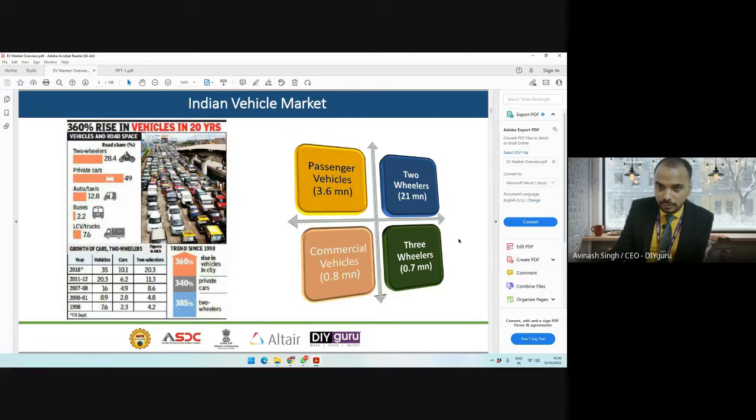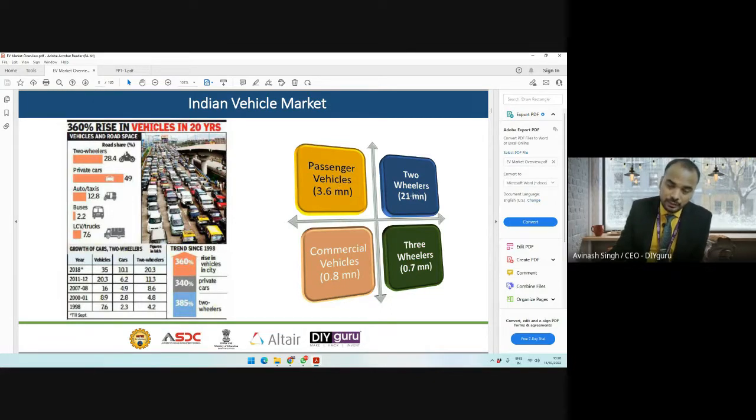This particular number is just to show you a division of vehicles, right? Passenger vehicles, two-wheelers, commercial vehicles, three-wheelers. Every time, two-wheelers are the major chunk of the whole manufacturing, and this number is quite large compared to others. That's why you will see more players entering the two-wheeler segment, right?